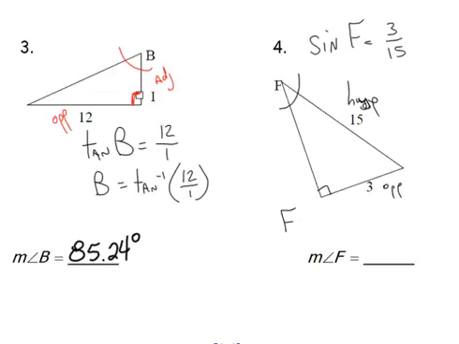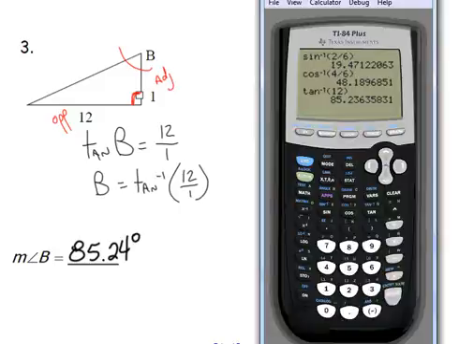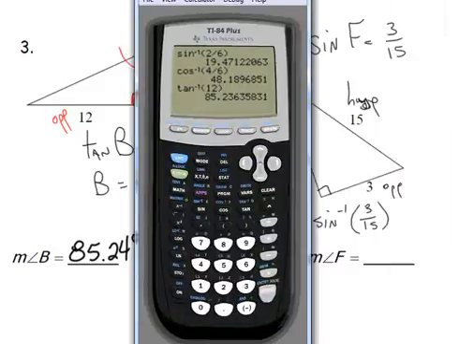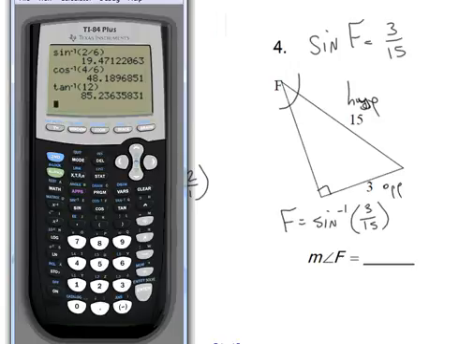So angle F is equal to the inverse sine of 3 divided by 15. So grab my little handy dandy calculator here. And I press second sine, 3 divided by 15. I press enter. And that will be 11.54 degrees.